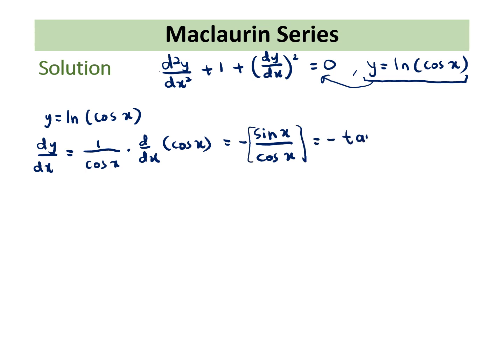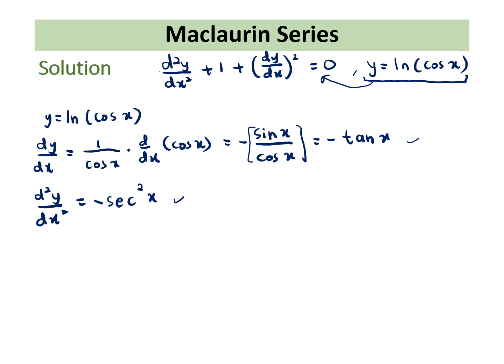So we have negative tangent x. The second derivative is the derivative of negative tangent x, which is negative secant squared x.